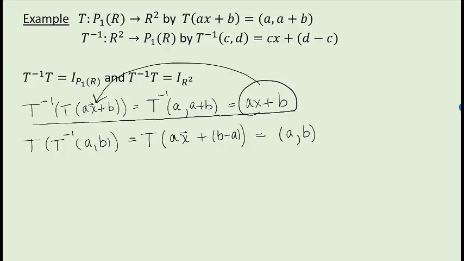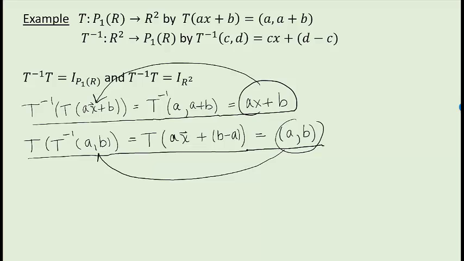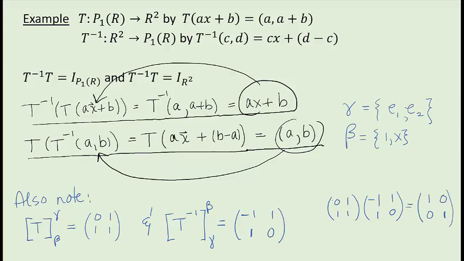Now if you reverse them and do T inverse of A, B, then T inverse of A, B is AX plus B minus A, and putting it into T gives the ordered pair A, B. And you see that T T inverse is the identity mapping on R2.